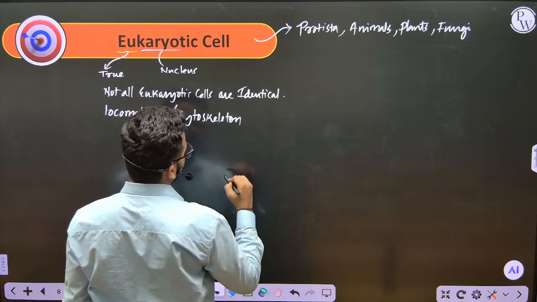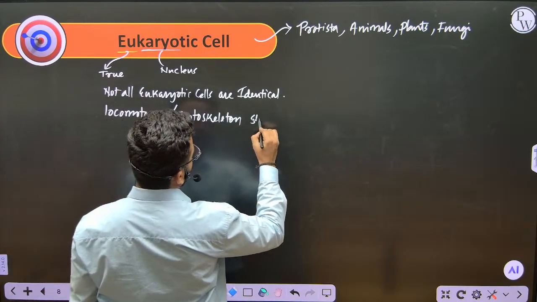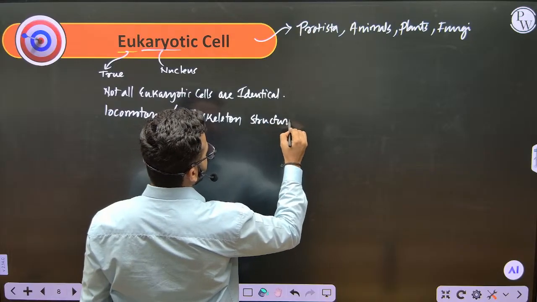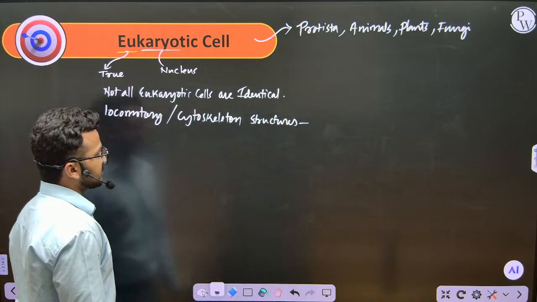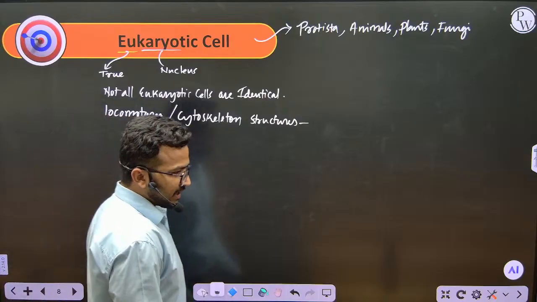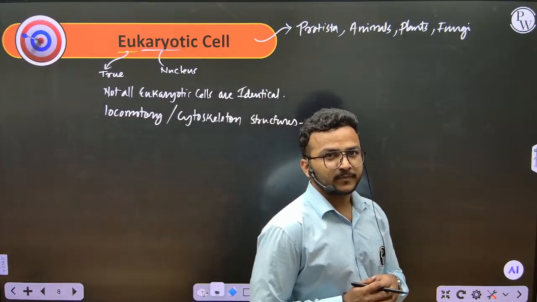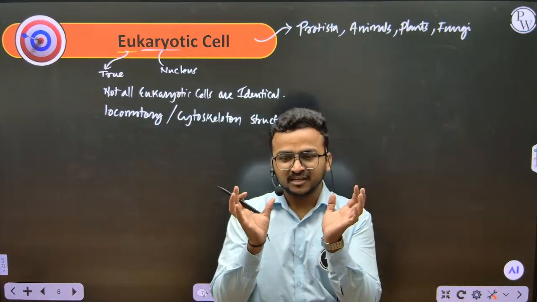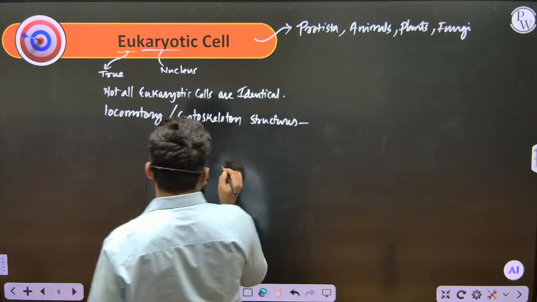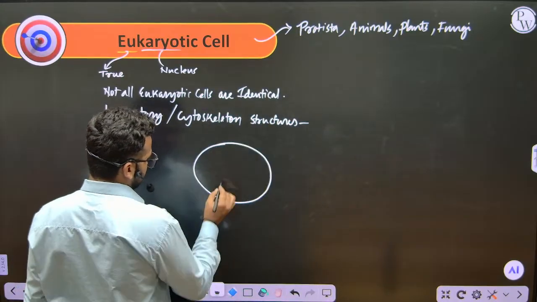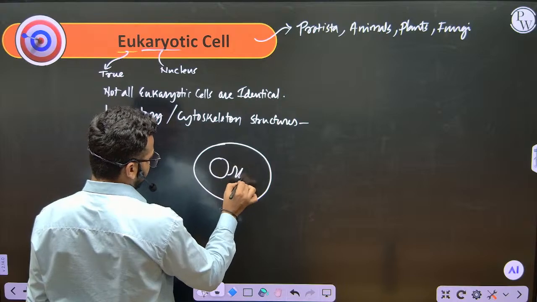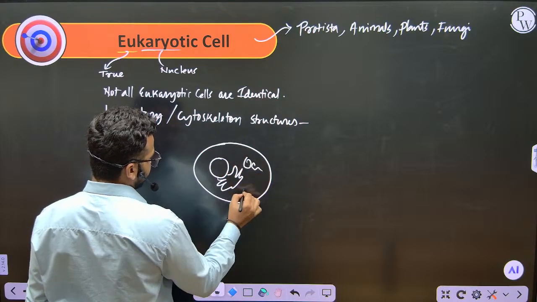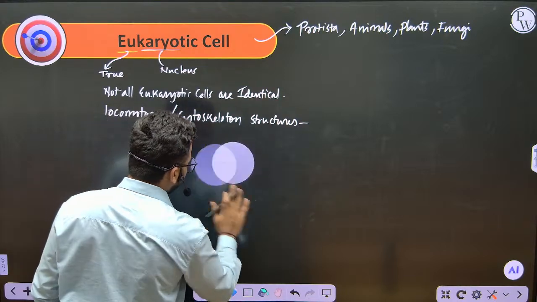What are those? Whenever we draw a cell, we draw it nicely, with the nucleus, endoplasmic reticulum, and Golgi complex.